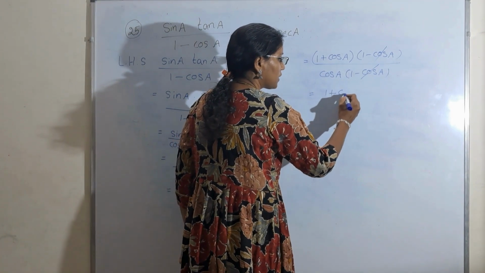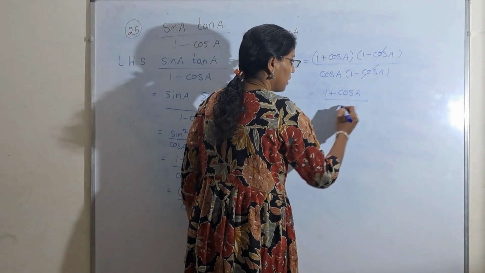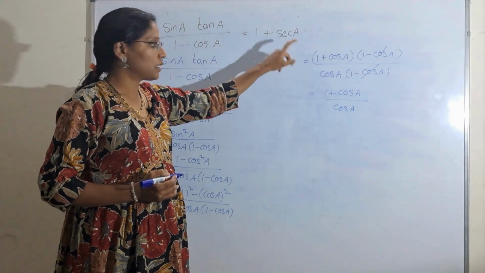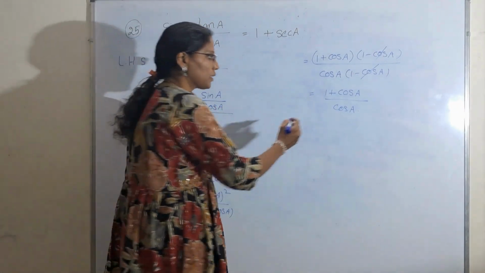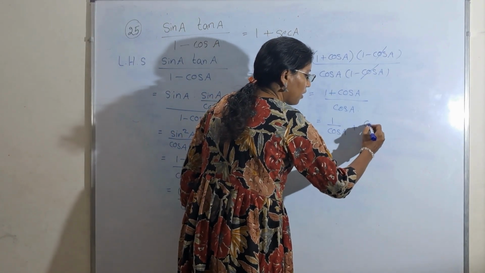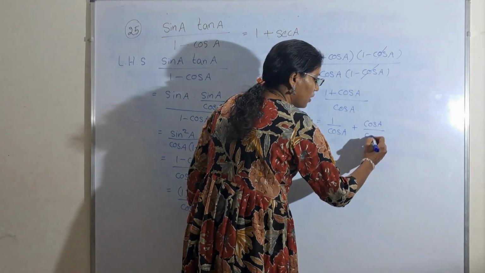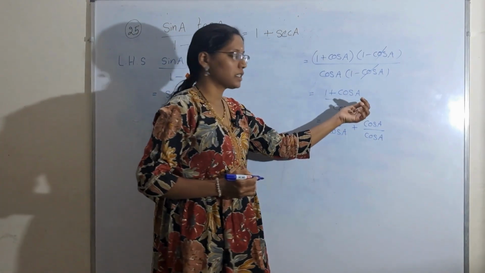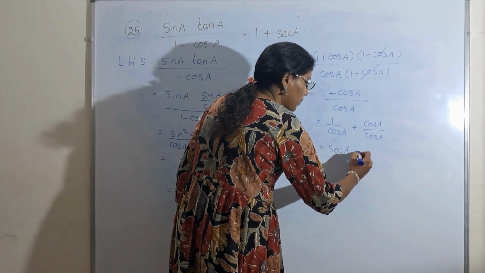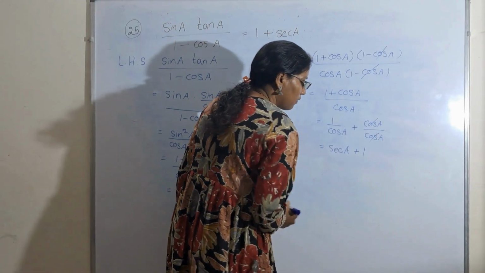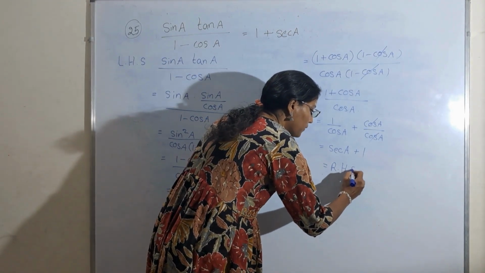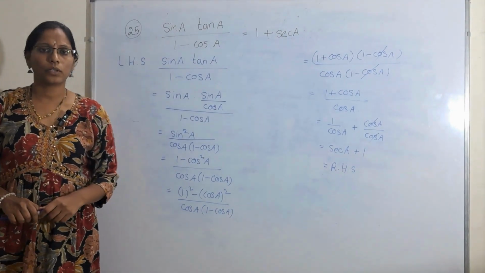Remaining 1 plus cos A by cos A. Here in terms of secant only it is there, so the denominator we have to split: 1 by cos A plus cos A by cos A. If you take the LCM, the same answer will come. 1 by cos A, secant A we can write, plus cos A cancels, 1. This is RHS. Therefore, LHS equal to RHS.